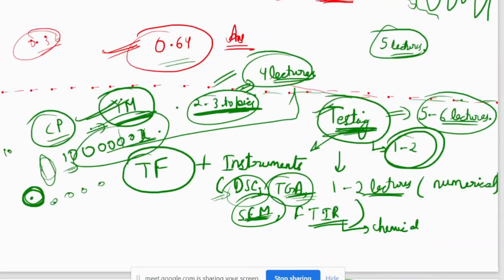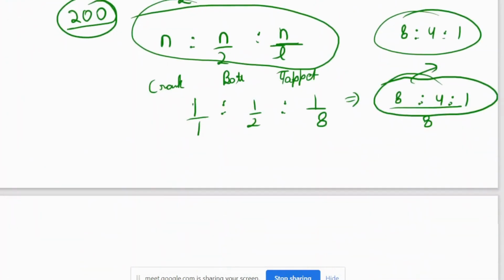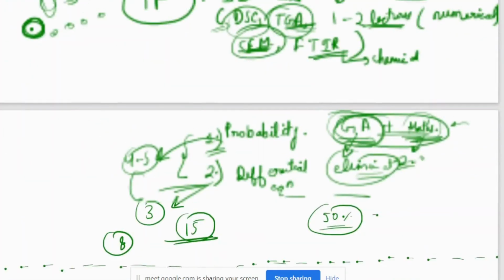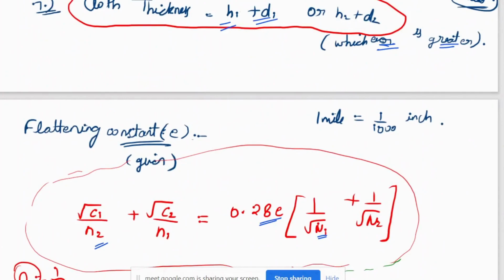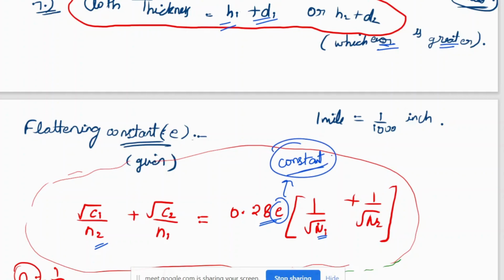So this is the type. What is E there? 2.28, E. I say E is a constant. It is a constant here, and it has a definite value. This is given in the question, and this is known as the flattening constant.